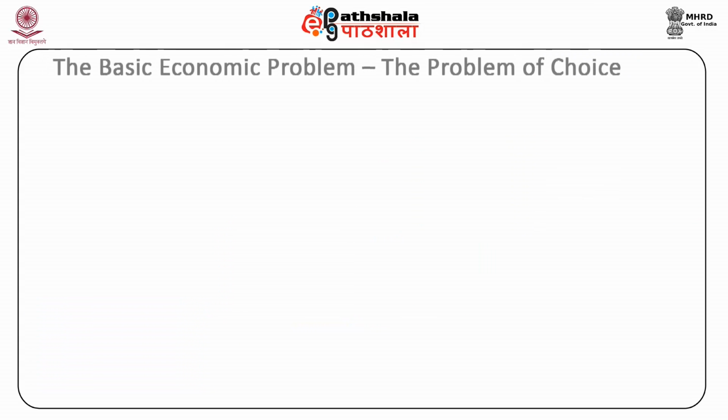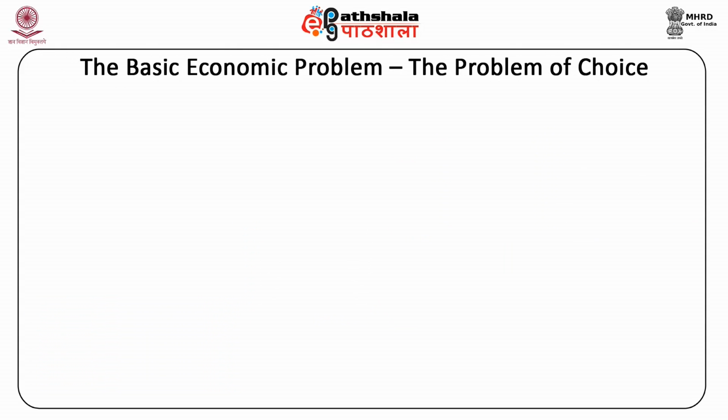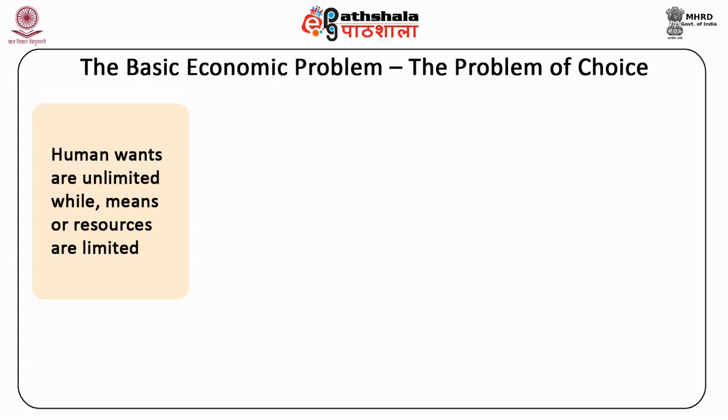Now, let us move ahead and know about the problem of choice in economics. The basic economic problem is that human wants are unlimited, while the wherewithal, the means or resources for fulfilling those wants, are limited.